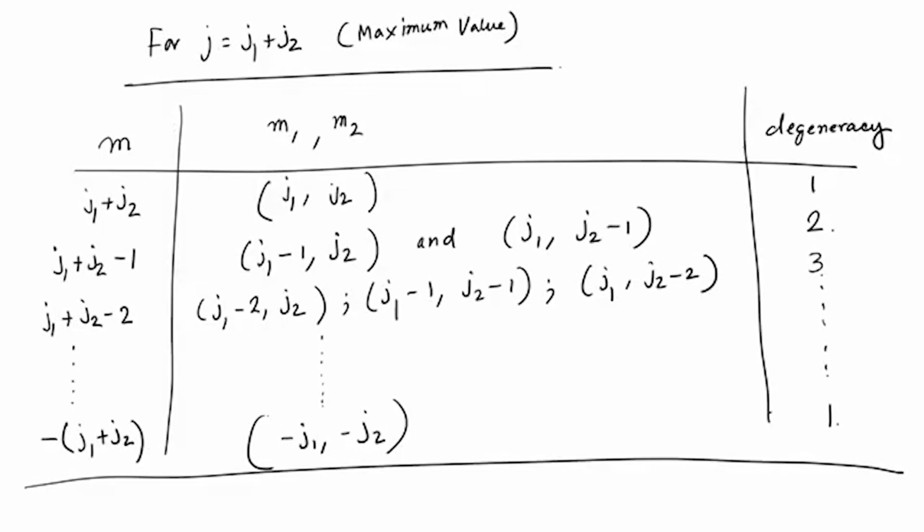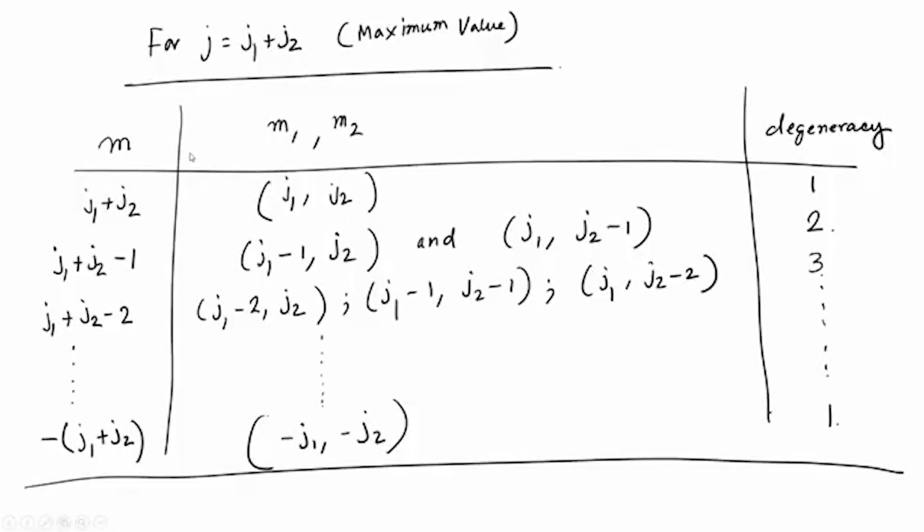But J will also vary from J1 plus J2, the next value would be J1 plus J2 minus 1, and it will sort of decrease. Ultimately, you would reach mod J1 minus J2, and that is the last value that you have. Okay. So, this J takes all positive values, and we are going to find out for that one.